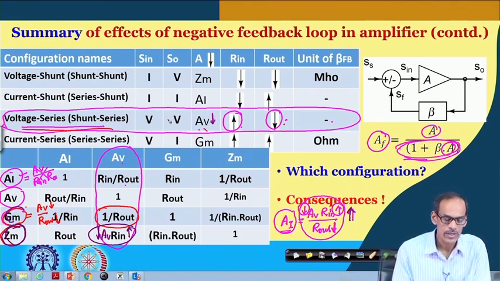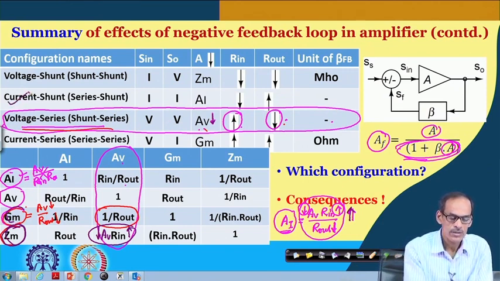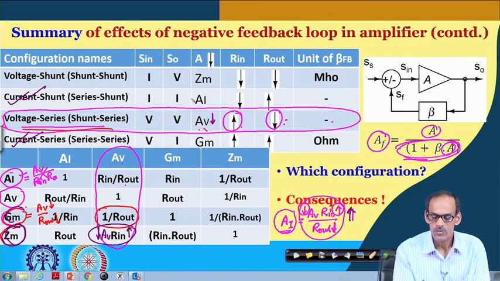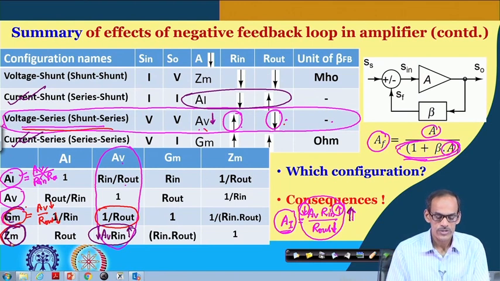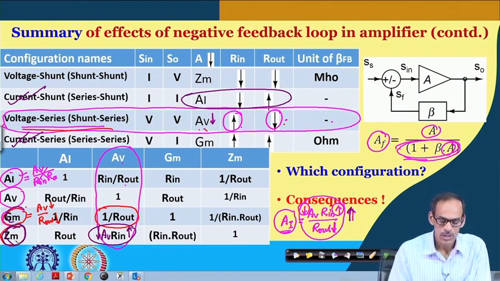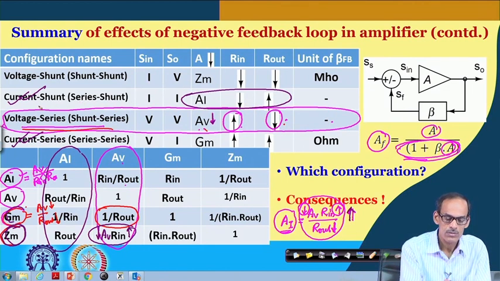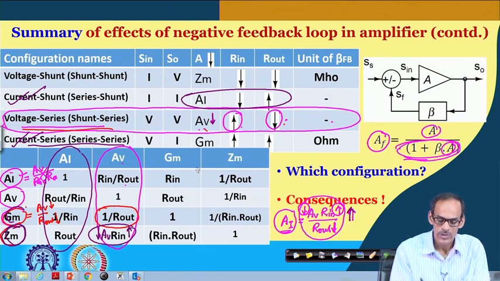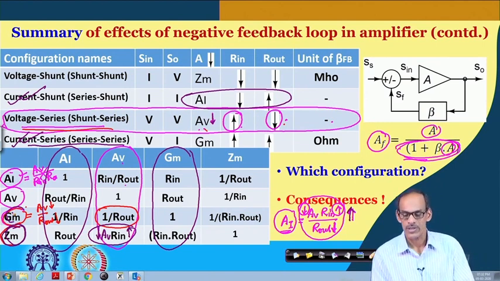So, like that you can look into the other configurations, namely series shunt and maybe series, and you can see what kind of changes are happening in the main parameters and what kind of corresponding effect it is falling on the other parameters by looking into either the first column for the series shunt connection, or for series connection you can look into, say, the third column to see what kind of changes are happening in other parameters.